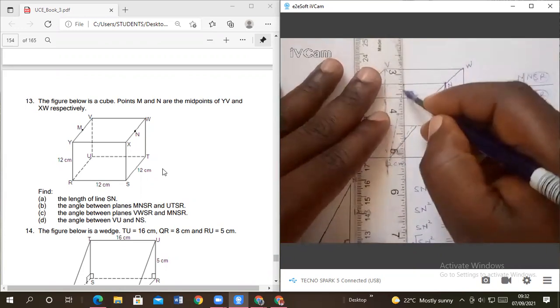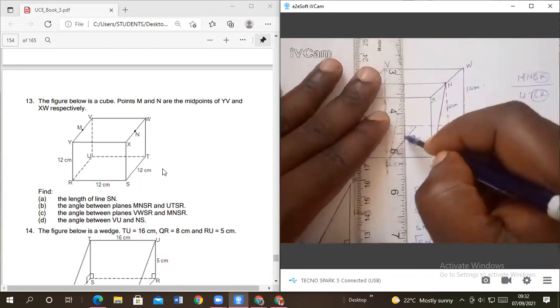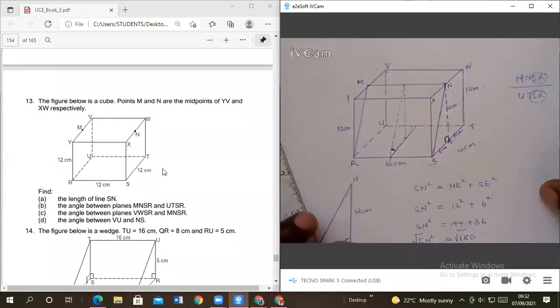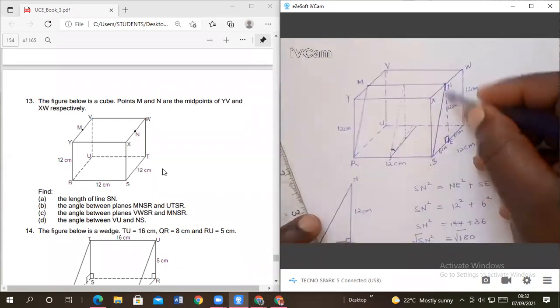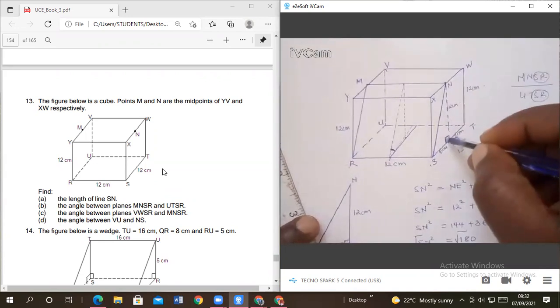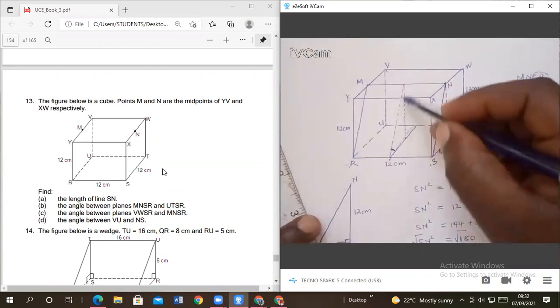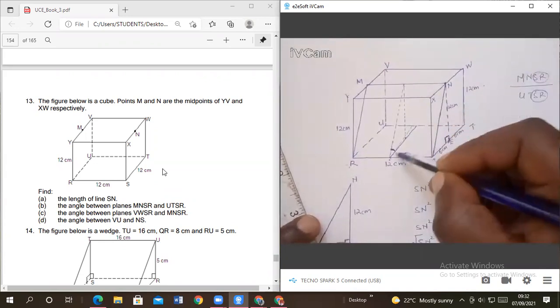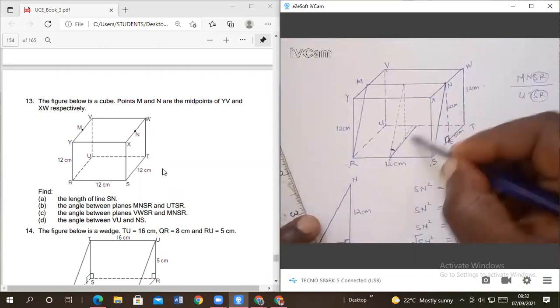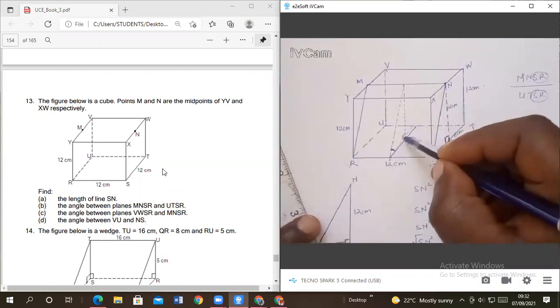So this triangle which was here was a right-angled triangle. So it means that also this line we have drawn here touches this line along 90 degrees.